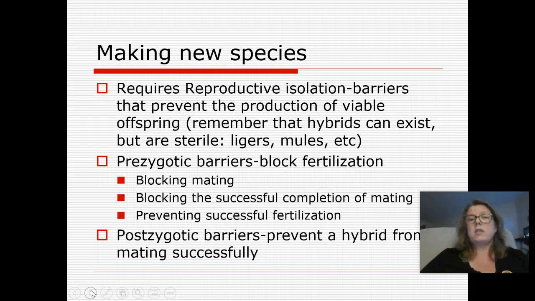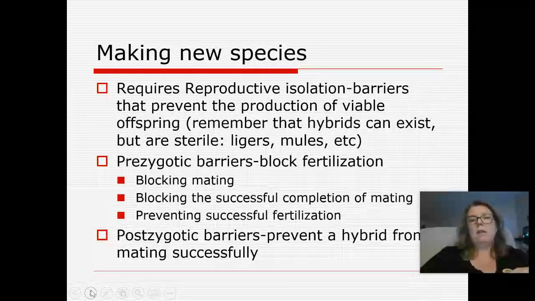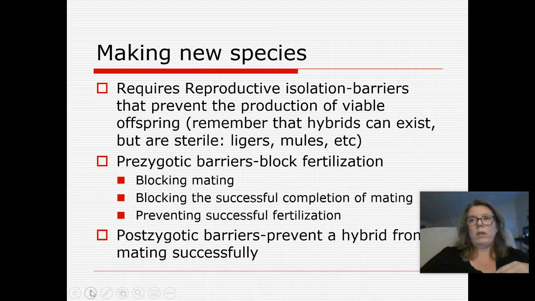I can pause for a second if you want to Google it because you can find pictures, but you can also find mules where you breed a donkey and a horse, and those are hybrids. Okay, so hybrids do exist, but again, we're talking about the reason why lions and tigers, for example, are different species is their hybrid cannot grow up and produce babies of its own, right?